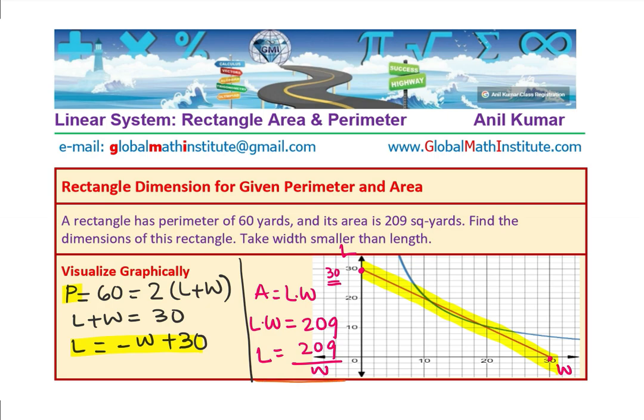On the other hand, if I look into the second part of it, which is basically looking into area, right? So the area graph is right there. Do you see this graph coming? And the point of intersection right there indicates the solution. As you can see, possible values we get here are 11 and 19, right?